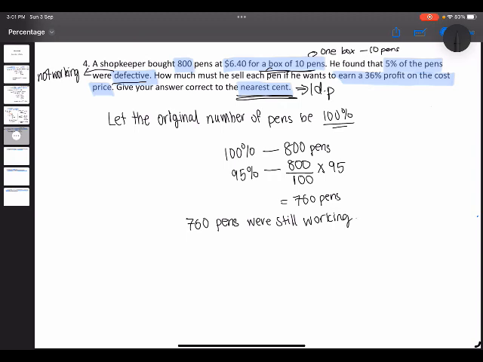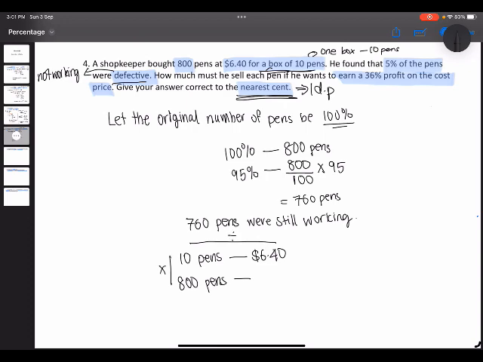So second thing, what do you want to find? You want to find the cost price of the pens. So 10 pens is $6.40. So 800 pens, using the proportion method, how will you solve to find the cost of 800 pens? That's right.